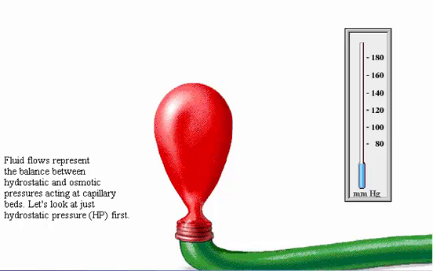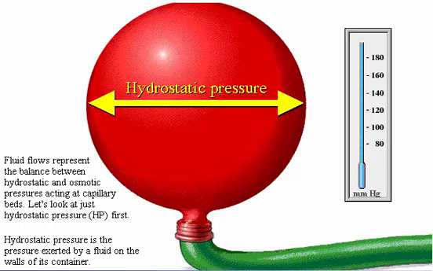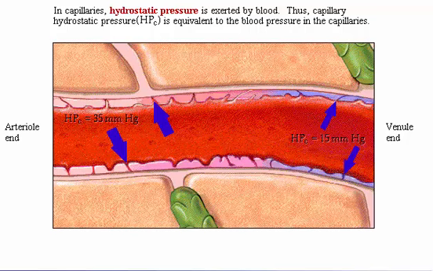Let's look at just hydrostatic pressure first. Hydrostatic pressure is the pressure exerted by a fluid on the walls of its container. In capillaries, hydrostatic pressure is exerted by blood.